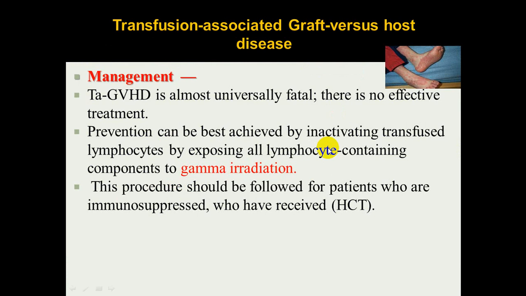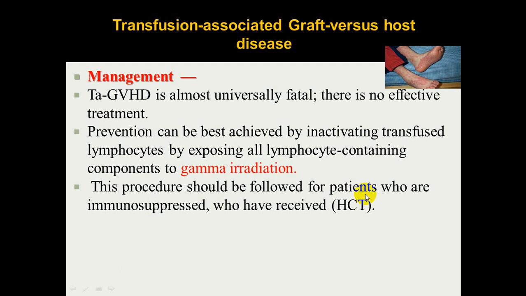It can be prevented by inactivating transfused lymphocytes, exposing all lymphocyte-containing components to gamma radiation. So for any immunocompromised patient, it is preferable to give gamma irradiated product to destroy the donor lymphocytes.